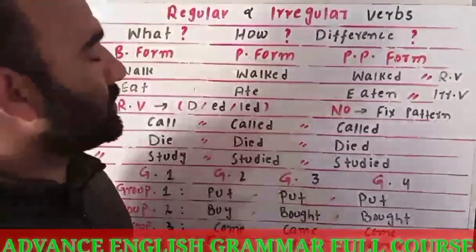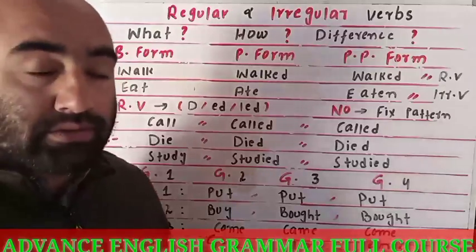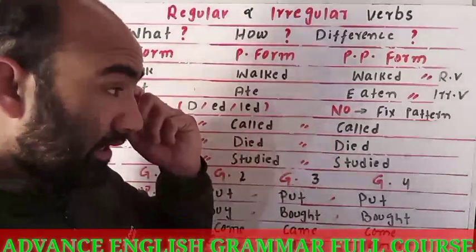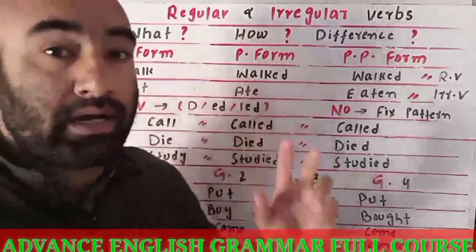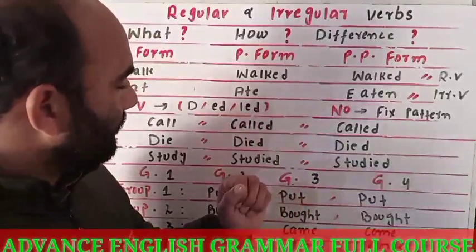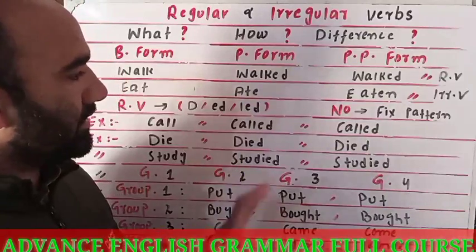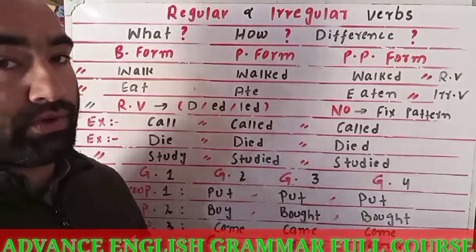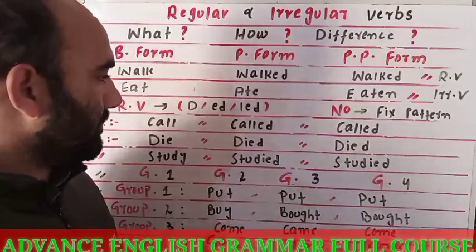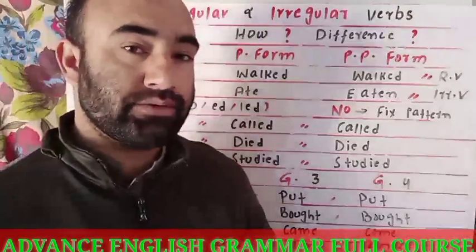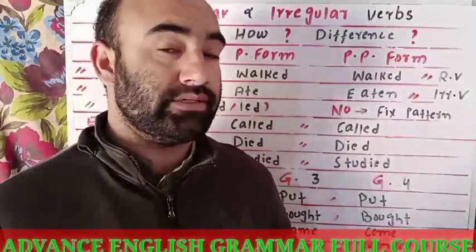So that was our class today about the regular and irregular verbs and how they are formed. The regular verbs have some rules and regulations, and the irregular verbs don't. Whenever we make regular verbs, we just add d, ed, or ied at the end of the verb.